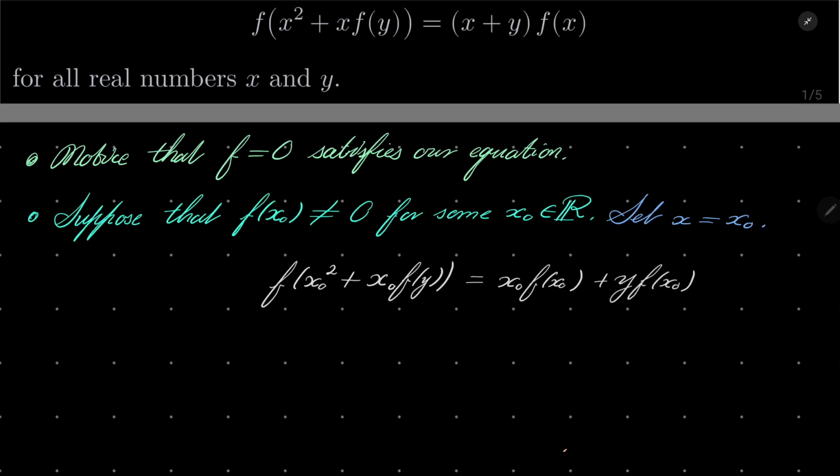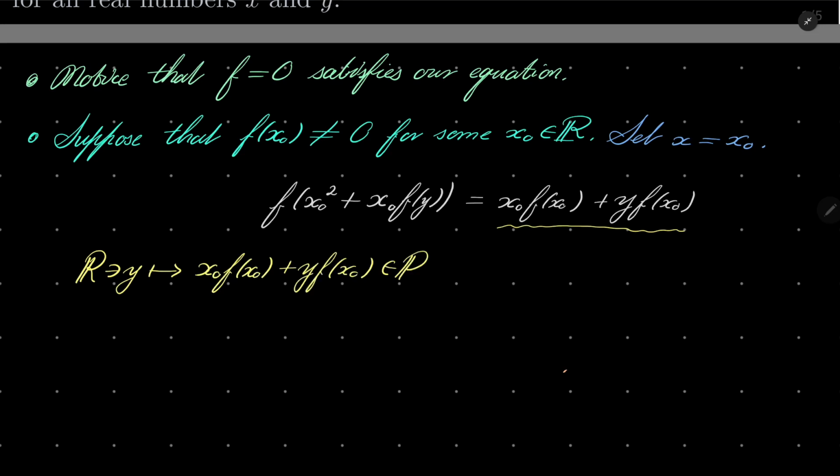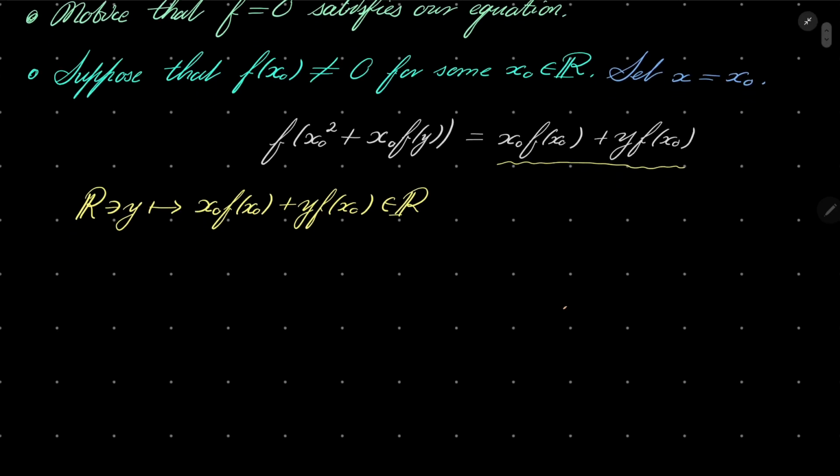Now let's look at this equation. The function which takes real number y and maps it to x0 f of x0 plus y times f of x0 is bijective. But we only need injectivity, so let's write that it's injective. Why is that?